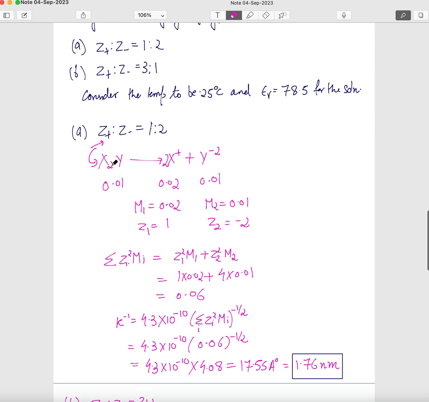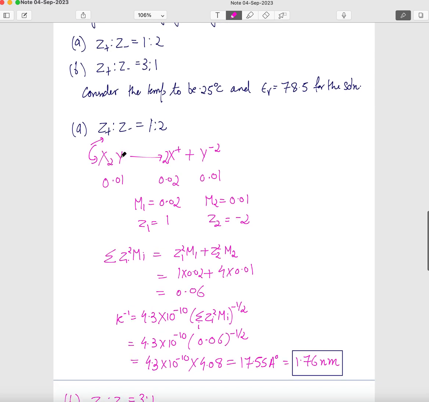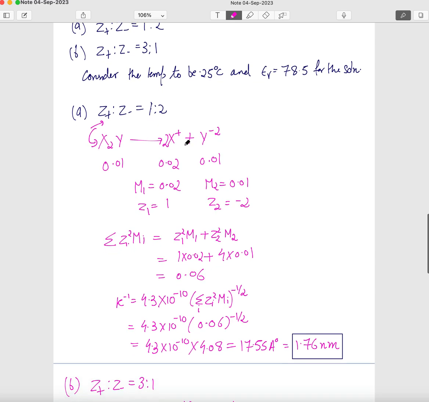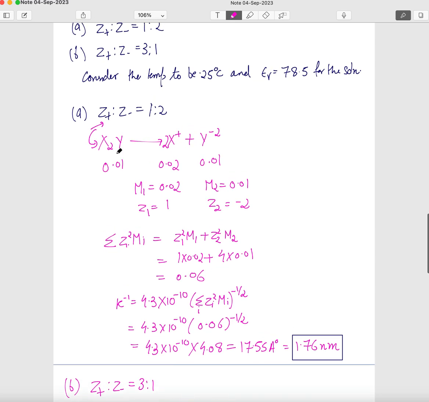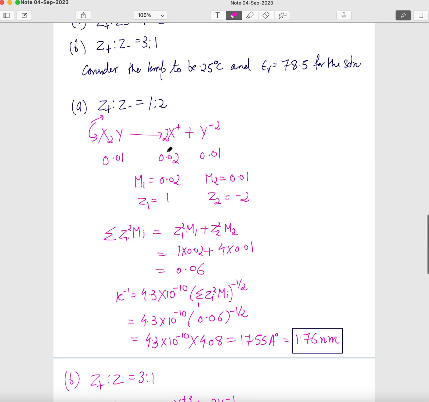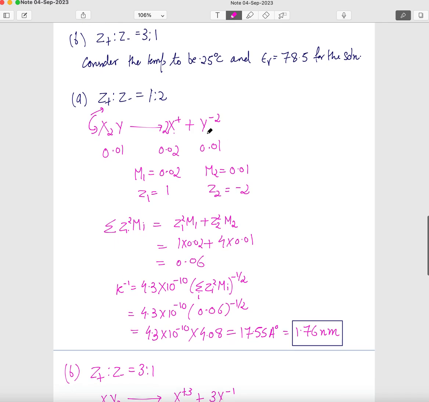For this ratio to be valid, the salt should be of the form x2y, which dissociates into 2 times x plus and y minus 2. If we have 0.01 mole of this, it dissociates into 0.02 molar x and 0.01 mole of y.